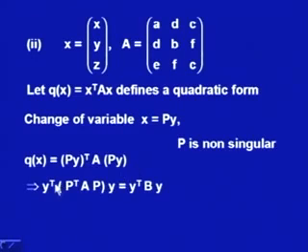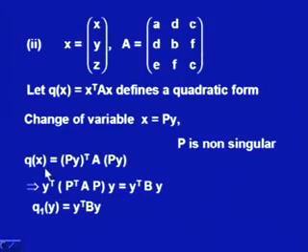One can simplify it: it is y transpose P transpose A and P multiplied by y, because multiplication is associative. So, you can regroup the terms, and what we have is y transpose (P transpose AP) y. Now, we can say this q(x) is transformed to another quadratic in y, we call it q1(y), it is y transpose (P transpose AP) y.